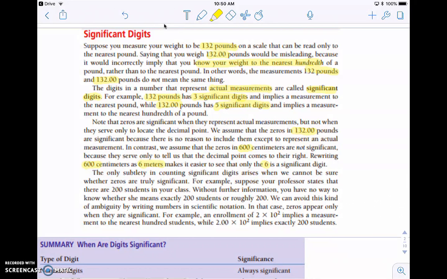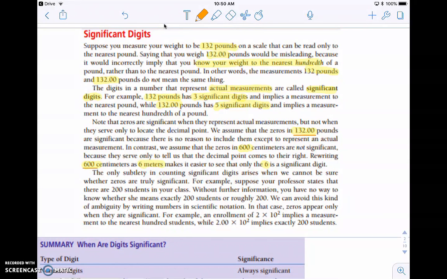So again, when we write 132.00, we're intentionally writing those two zeros, which implies that those zeros have significance. However, in the number 600, we have to write the two zeros, or else we have an entirely different meaning if we just write 6 centimeters versus 600 centimeters.